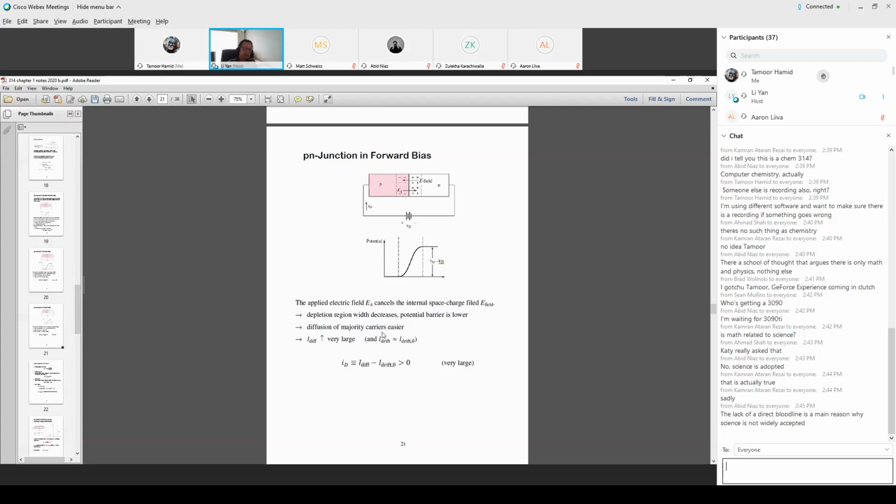When diffusion becomes easier, the corresponding diffusion current gets increased, and this increase can be very large. Almost there's no limit. The larger the external power supply voltage, the more the diffusion current will increase. But at the same time, drift current remains almost unchanged.